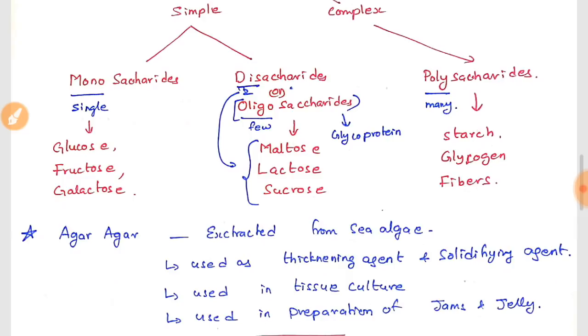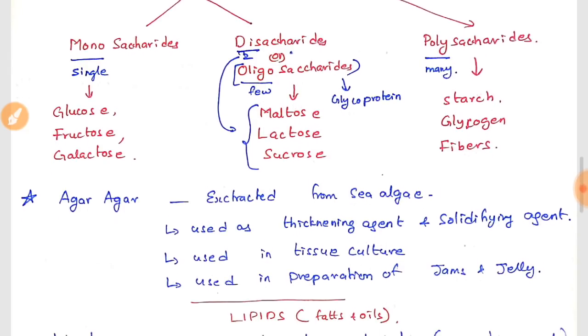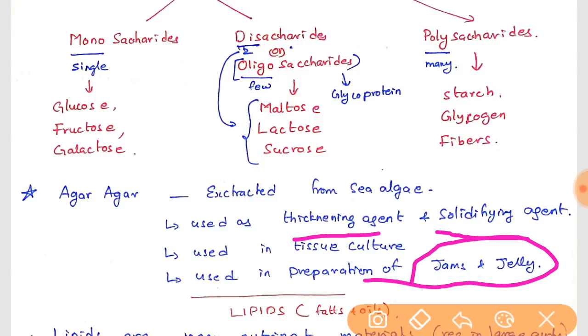One important point we can see here is agar agar, a carbohydrate extracted from sea algae. It is used as a thickening or solidifying agent in the preparation of jams and jellies, and it is also used in tissue culture.